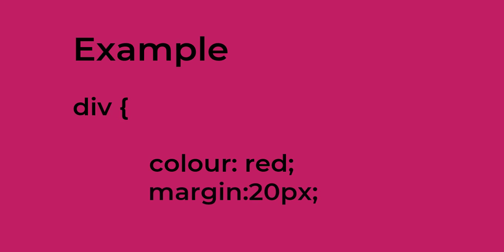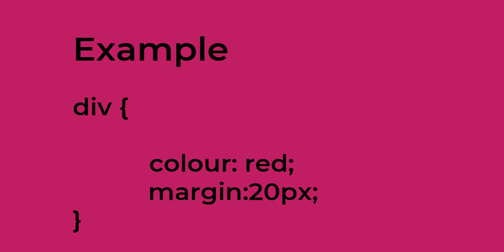Div, opening curly braces, color, colon, red, semicolon, margin, colon, 20 pixel, semicolon, then closing curly braces. In this example, div is the selector, color is the property, and red is the value which is given.